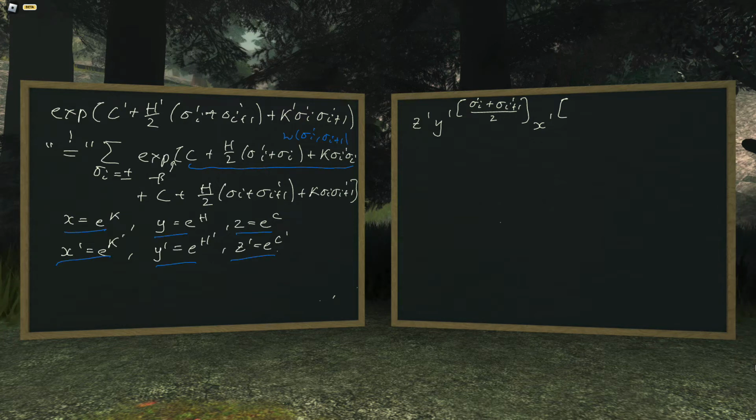I'm using the exponential, factorizing the exponential, and then using these definitions. Oh, I see, you're just rewriting the previous equation in terms of the new variables. Yeah, that's right. I'm not doing anything too magical.